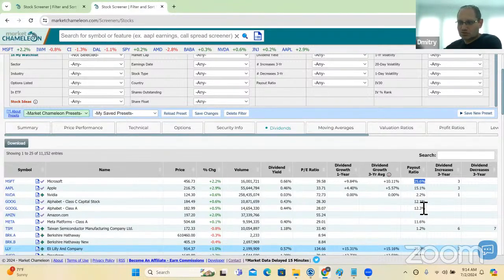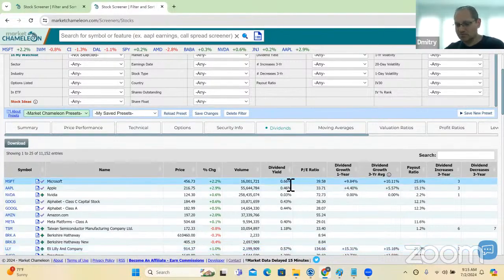Because if you're paying out a dividend because you have money in the bank, but you're also losing money, that's even worse, because now it's very questionable if that dividend is even sustainable in the first place. So that's what the payout ratio is, and that's the difference between the dividend yield and the payout ratio.